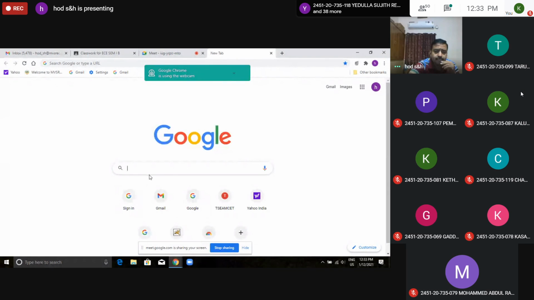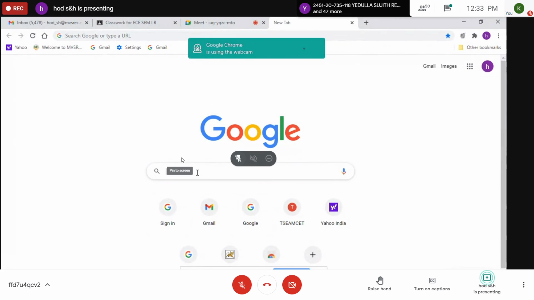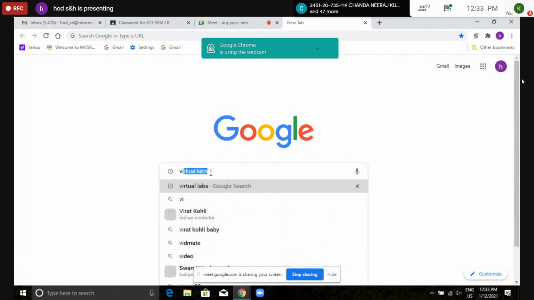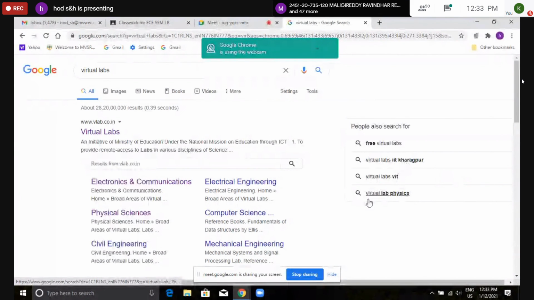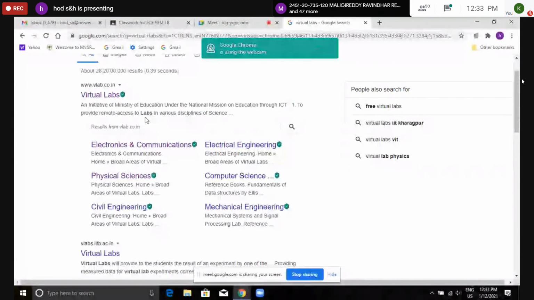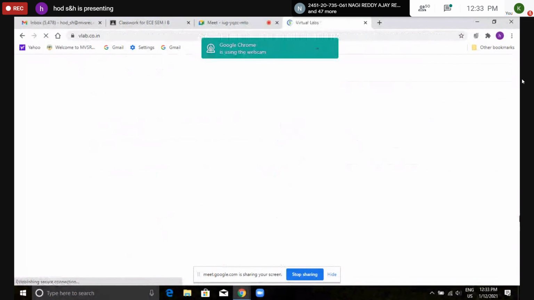Google. Students? Yes, sir. So in this, first you type virtual labs. You click virtual labs. You'll be getting this one. Then you go to www.vlab.co.in. This you should click.